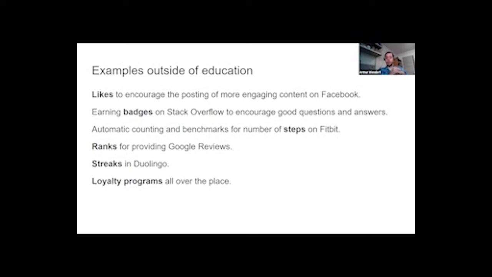Streaks in Duolingo, right? Anytime you talk to somebody who uses Duolingo, if you ask them what their streak is, they will know. They will know how many days they have in their streaks, and this encourages them to keep doing this. There are loyalty programs all over the place, right? Every grocery store and gas station has a loyalty program, and purchasing from a gas station already has value, but by having a loyalty program, you feel more drive to do it the way they want you to do it, which is purchase it at their gas station.